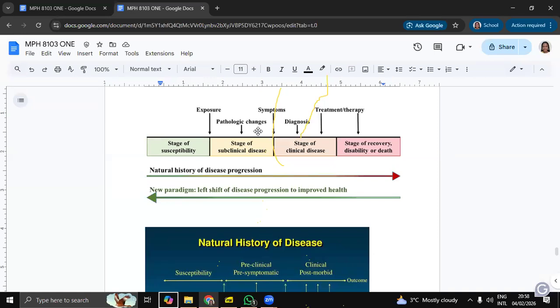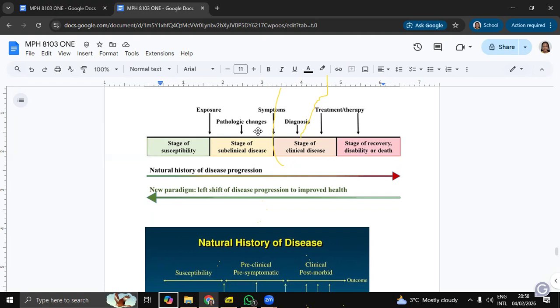So that's the next stage. You go from being susceptible. Susceptible means you don't have it yet. But the fact that a person does not have it yet does not mean the person cannot have it. That's susceptibility. So you now make contact with the thing that will cause that disease process. That's the exposure. And what happens?